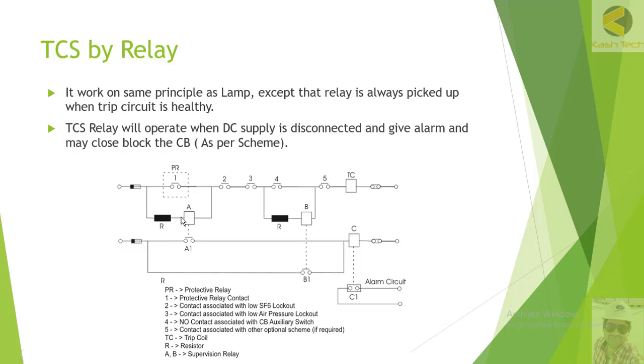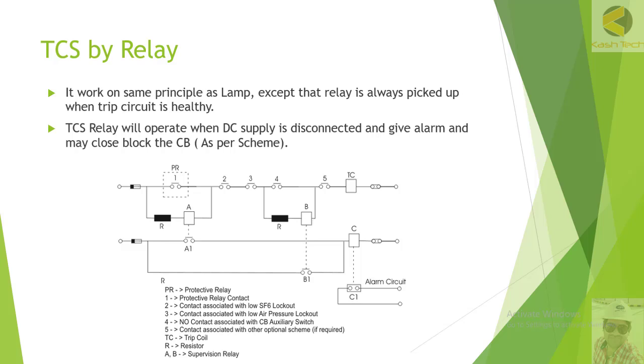In this case the relay B, the B1 relay, will pick up, because it is getting negative from the tripping coil, and positive is coming from the resistor, coil A and up to the resistor to B. So this is basically energizing the coil B.